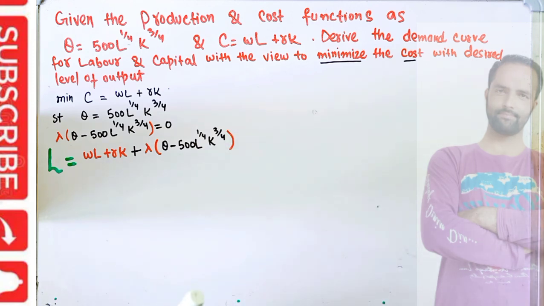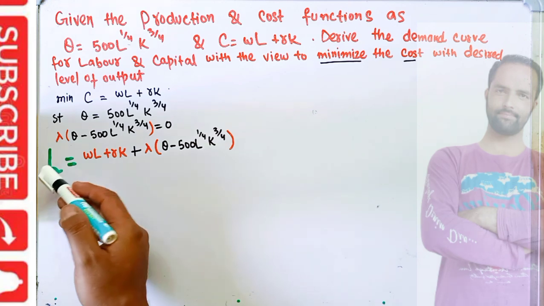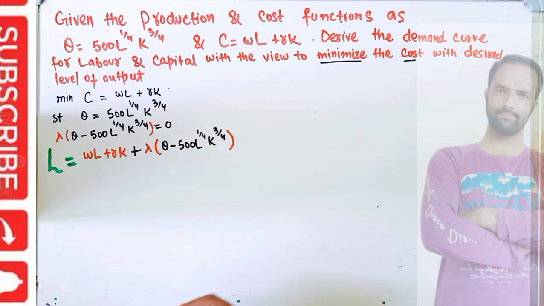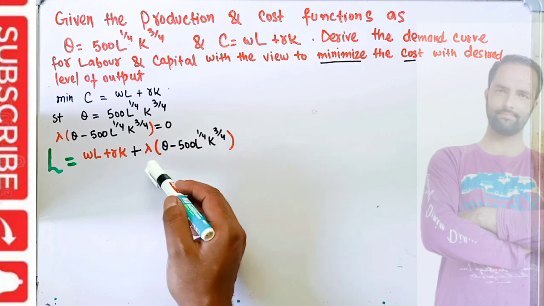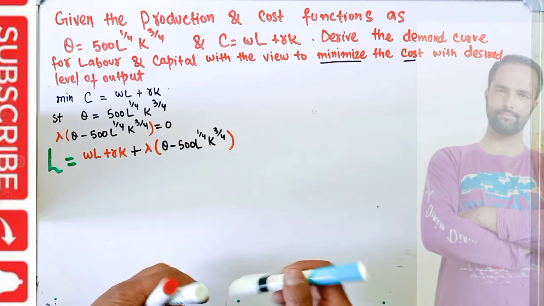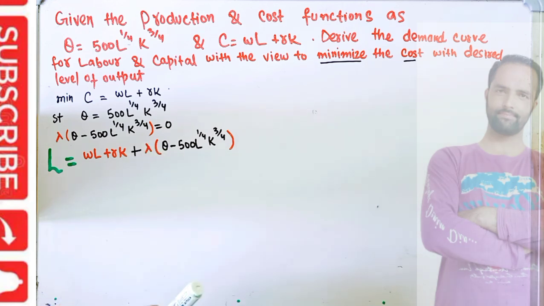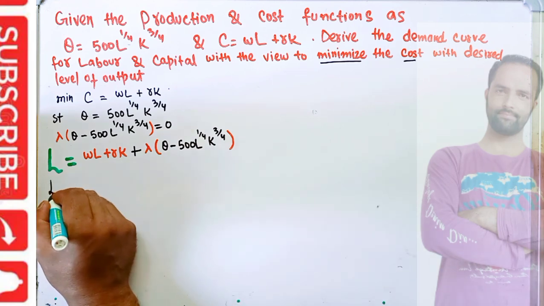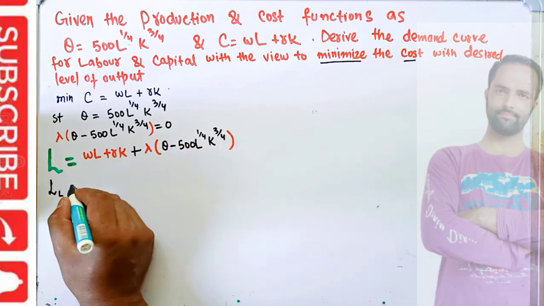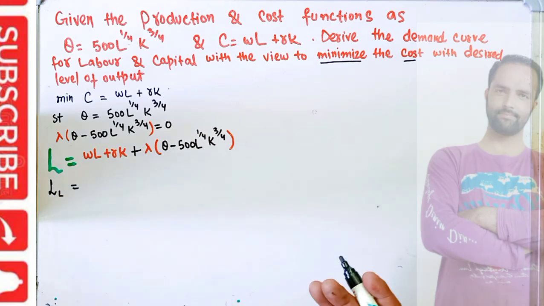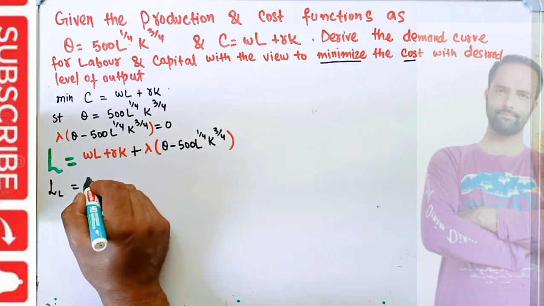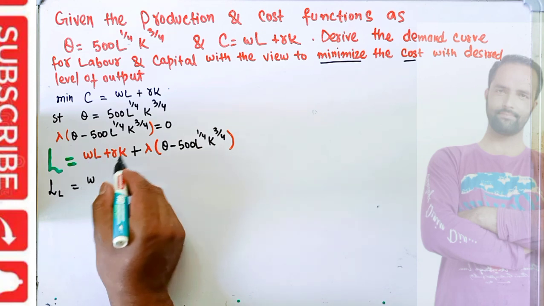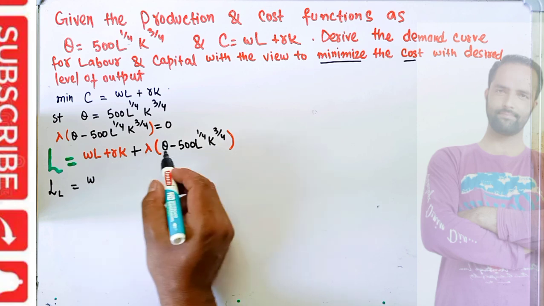Now to find the demand curve for labor and capital, we need to partially differentiate this Lagrange function with respect to labor, capital, and lambda, and set them equal to 0 simultaneously. Let's take the partial derivative with respect to labor. The derivative of WL is W. Q is a constant, so its derivative is 0.